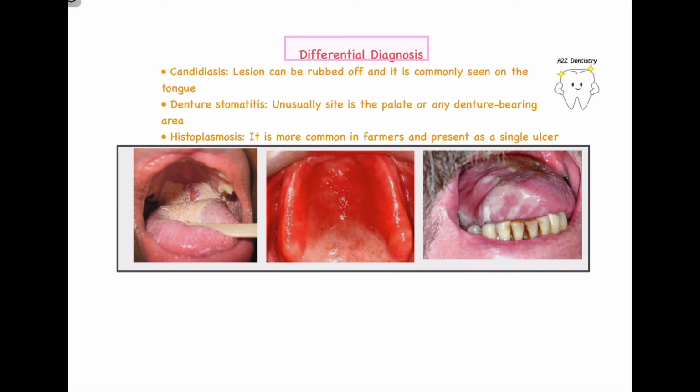Apart from it, our candida lesions can be rubbed off very easily with a swab, right? We can just take a piece of swab and scrape off the infection. However, in case of erythroplakia, it is not possible. So this is one of the ways via which you can differentiate between candidiasis and erythroplakia.